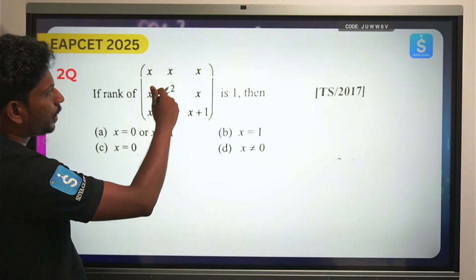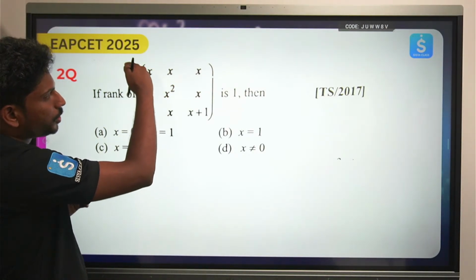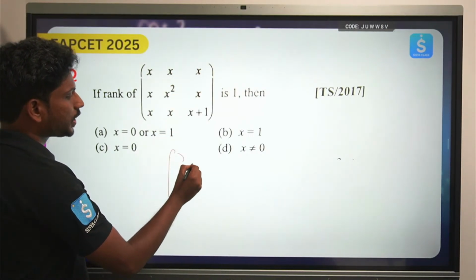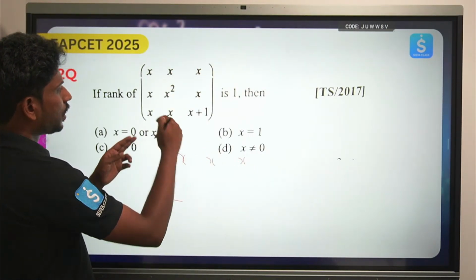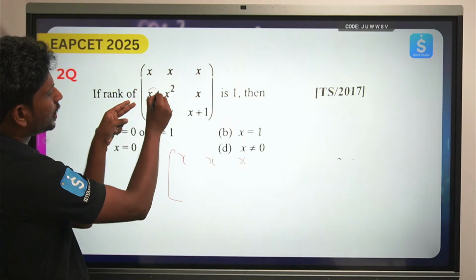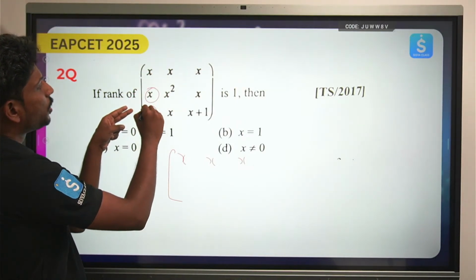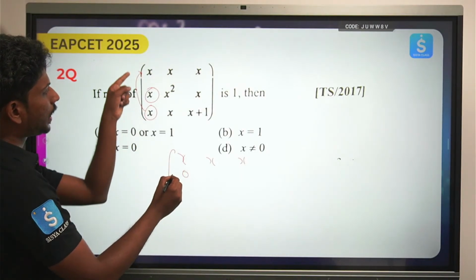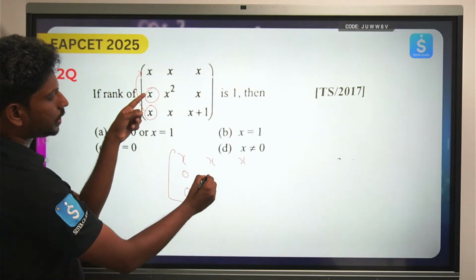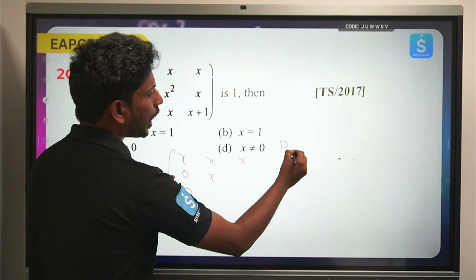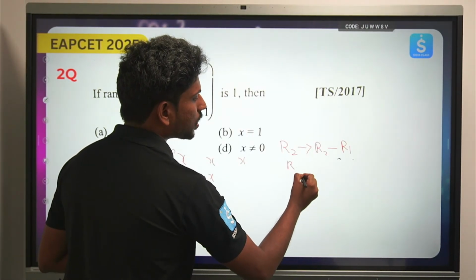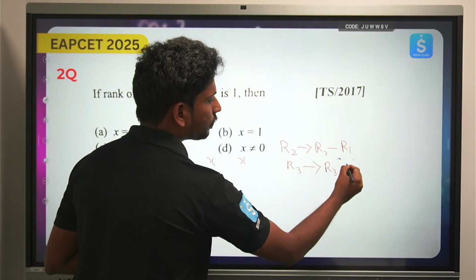Now let's try to understand. Rank is nothing but you should make a pattern of increasing order of zeros. That is what I said. So first, try to make this element and this element 0 using the first row element. So this will become 0. X minus x, again it will become 0. The operations are R2 gives R2 minus R1, R3 gives R3 minus R1.